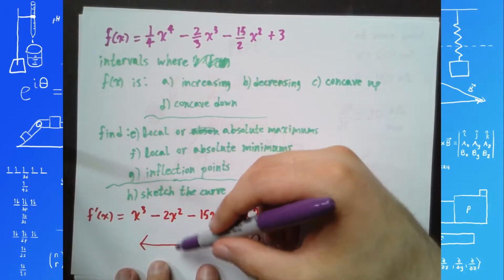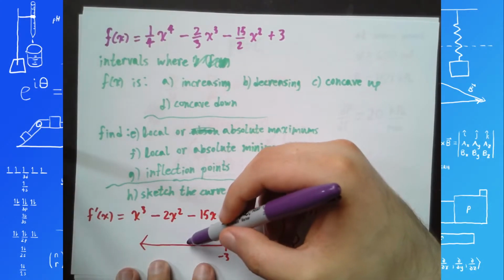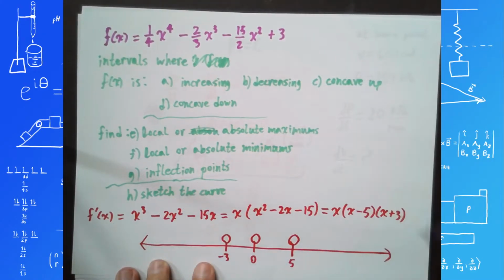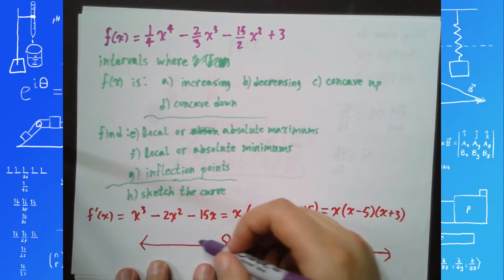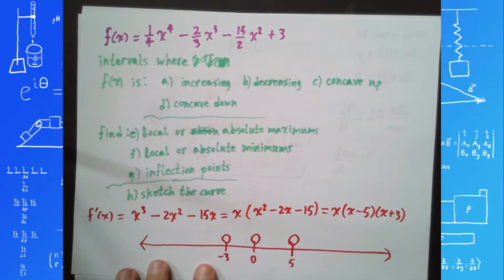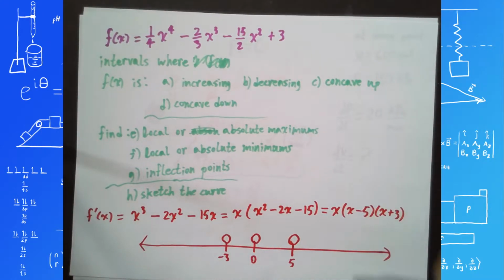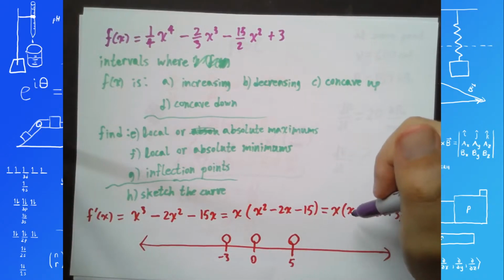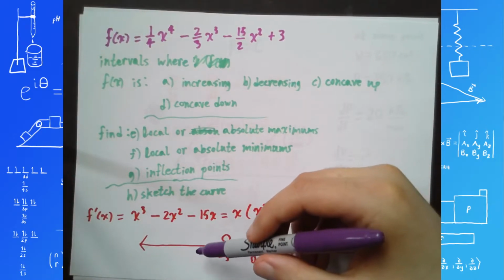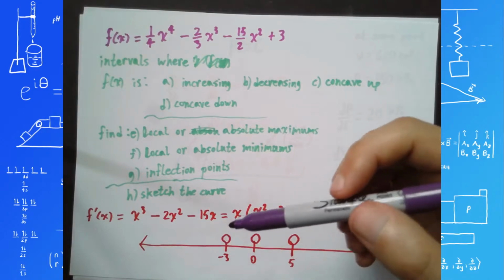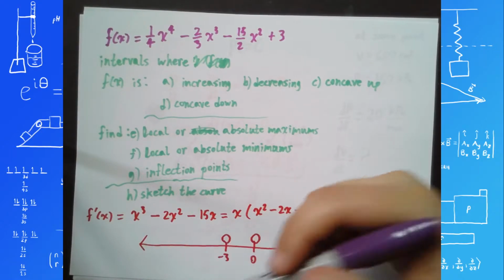So if I pick a random number less than negative 3 and plug it into f prime of x, if I get a positive for that number, I get a positive for all numbers before negative 3, because there's no way to change the sign before hitting a 0. Anyway, let's work it out and see what we actually get. So if I pick, let's say, negative 4.